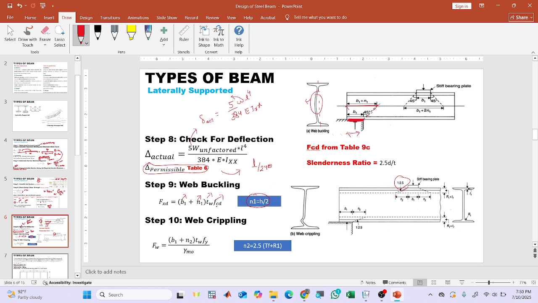Fcd is calculated from table 9C. It is basically the design compressive stress. For determining Fcd, we need the parameters lambda and Fy. Fy we know is 250, and lambda is calculated using 2.5 d over tw, where d is H minus 2 times the thickness of flange, divided by the thickness of web.